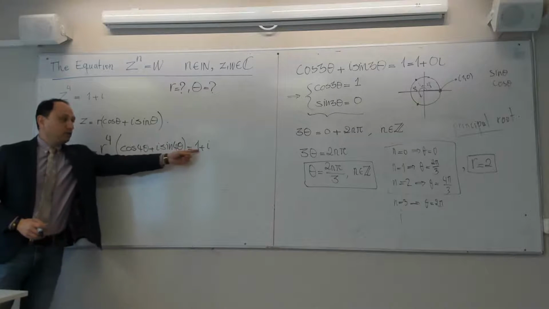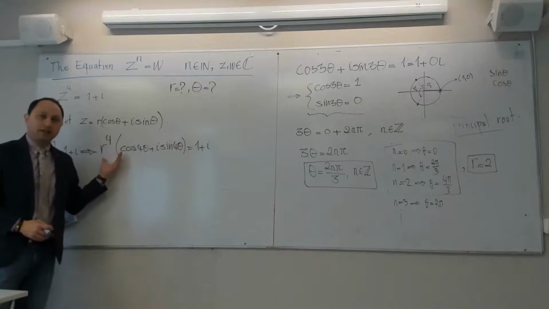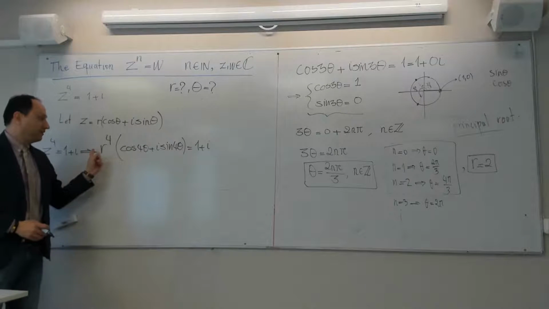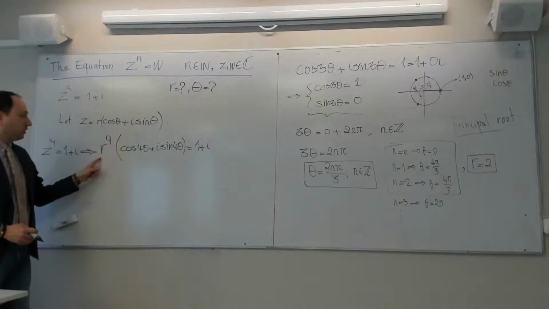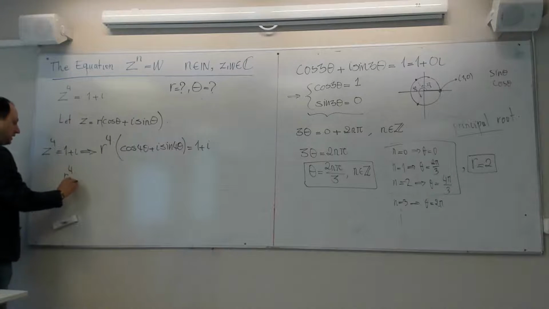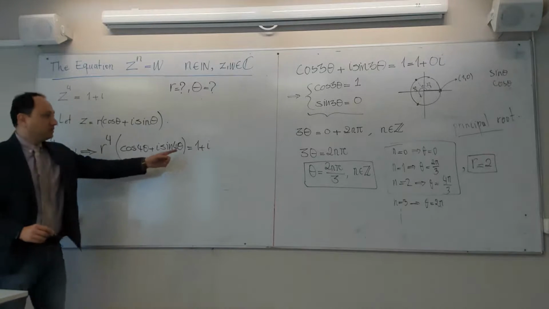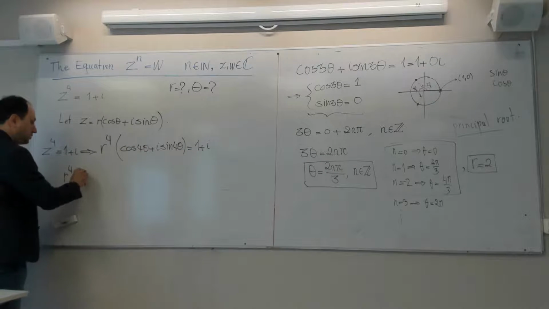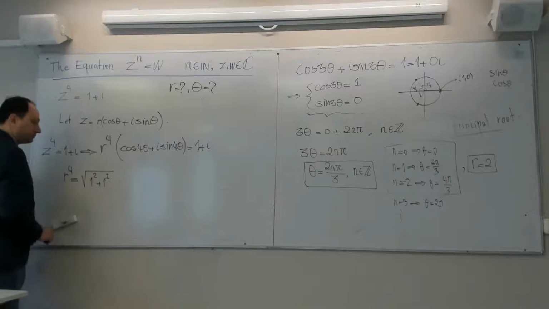If 2 complex numbers are supposed to be equal, it is clear that the absolute values should also be equal. The absolute value of the left-hand side, hopefully you know, is r to the 4. Yes? So this means that r to the 4 is equal to the absolute value of this number. The absolute value of that number is the square root of 1 squared plus 1 squared.